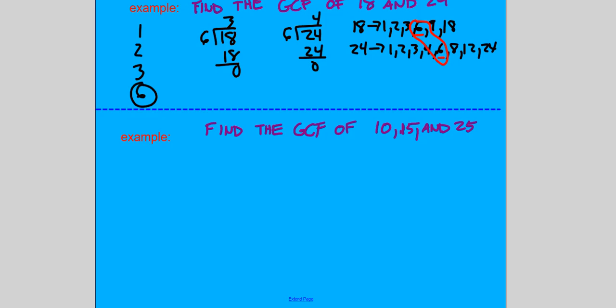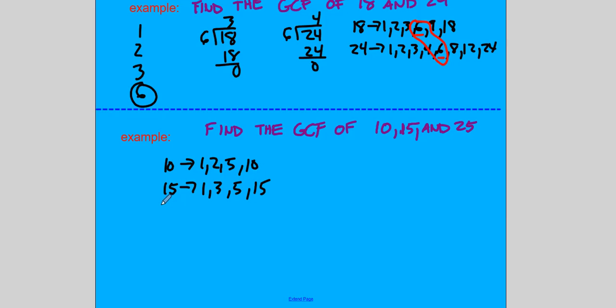So you can probably look at this and figure out that it's got to be 5. But let's find the greatest common factor of 10, 15, and 25 by listing their factors. Factors of 10 are 1, 2, 5, and 10. Factors of 15 are 1, 3, 5, 15.